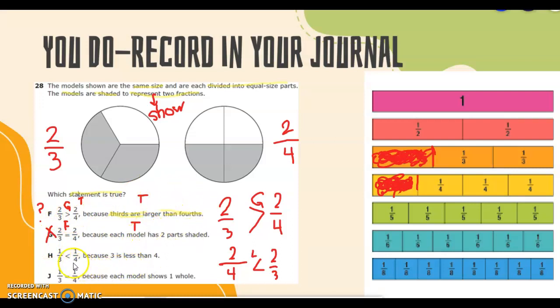H says that 1/3 is less than 1/4. Well, we're not even comparing the thirds. We are comparing thirds and fourths, but our fraction model represents 2/3 and 2/4. So this part is technically true, but those are not the fractions that we are comparing. And the statement is also incorrect because it says that 3 is less than 4, and that's not true.